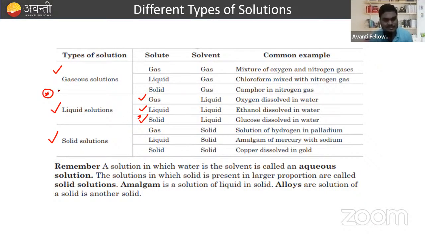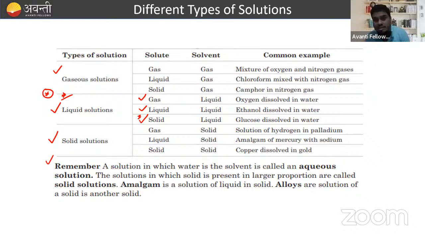Try to learn this one, that is liquid solution, in a detailed way, right? And just एक बार देख लेना बस gaseous and solid solution को. The important thing here is only liquid solution. Okay, remember what you have to remember here, beta. A solution in which water is the solvent is called aqueous solution, right?